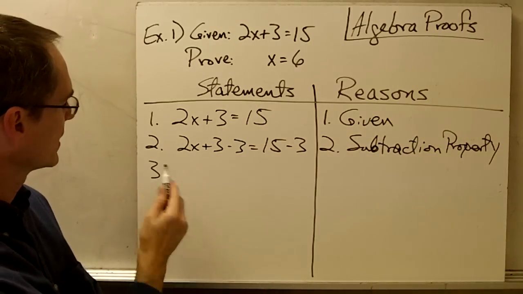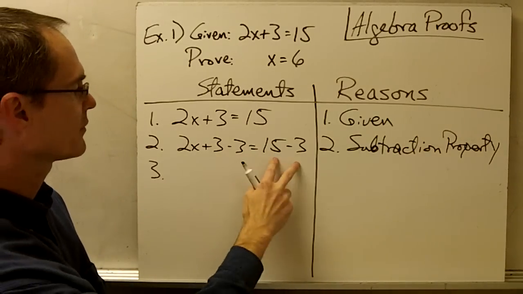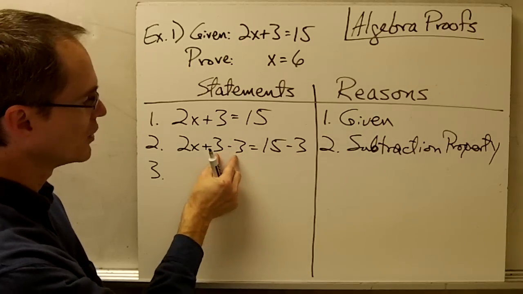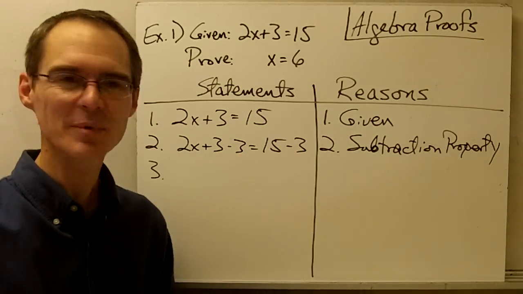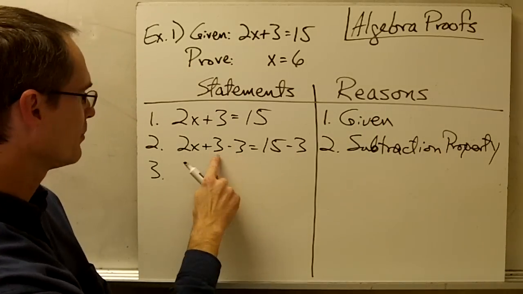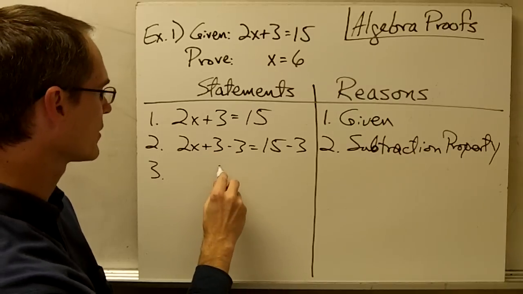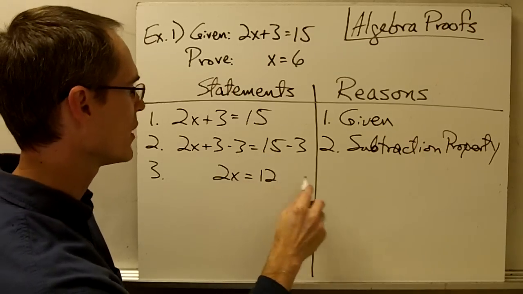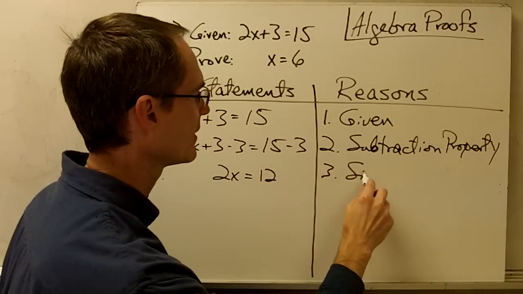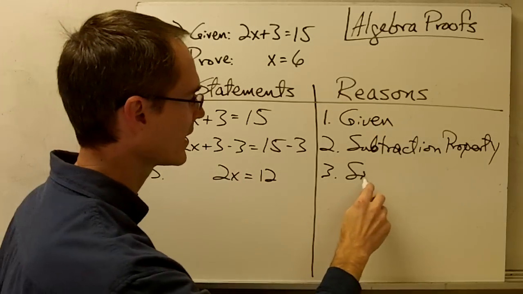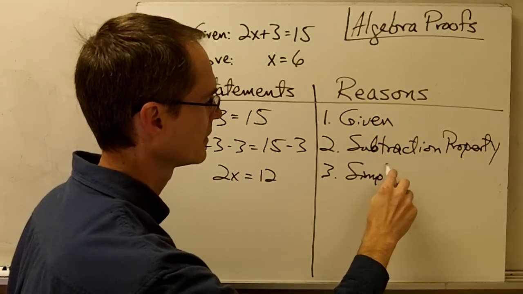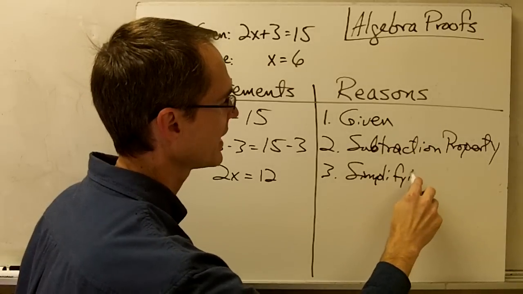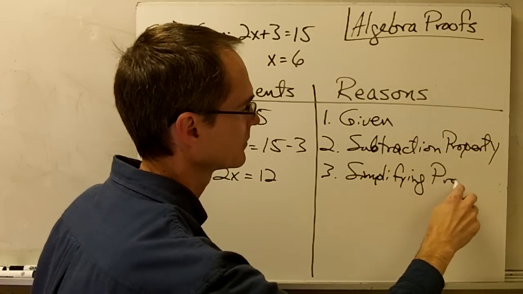So my third statement, since I've subtracted 3 from both sides, the next thing I want to do is collect like terms or simplify my equation. So plus 3 and negative 3, that means my 3's are going to go away here. I'm going to have 2x equals 15 minus 3 is 12. The reason I'm able to do that is the simplifying property.